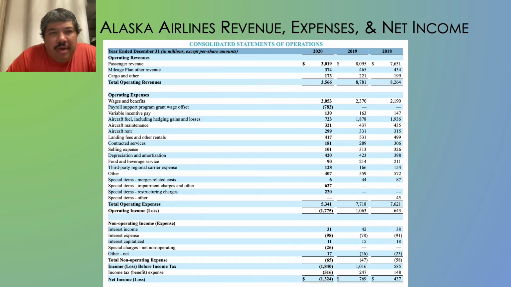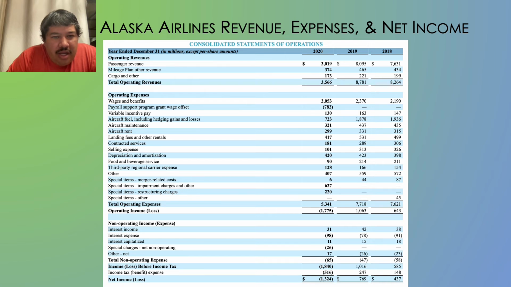Looking at the consolidated statements of operations for Alaska Airlines, their revenues, $3.566 billion, mainly from passenger revenue, followed by mileage plan and other revenue. They also had a total operating expense of $5.341 billion, the majority of that was wages and benefits.